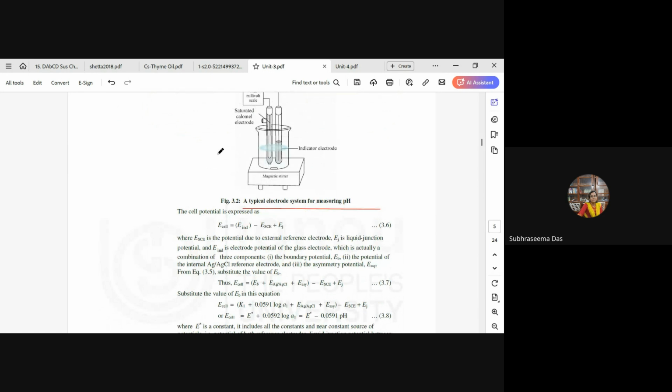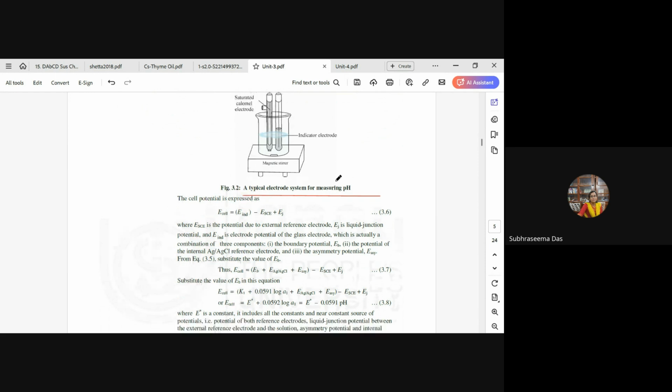Now when we want to express the cell potential for this typical system, we can write E cell, the cell potential, as equal to E of the indicator electrode minus the potential of the standard calomel electrode plus the potential of the liquid junction.